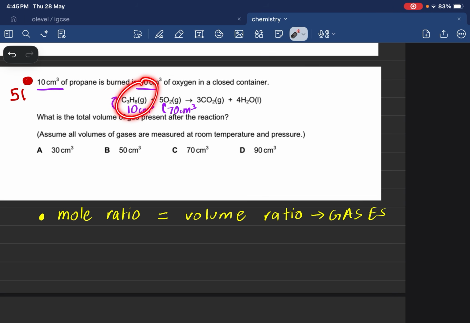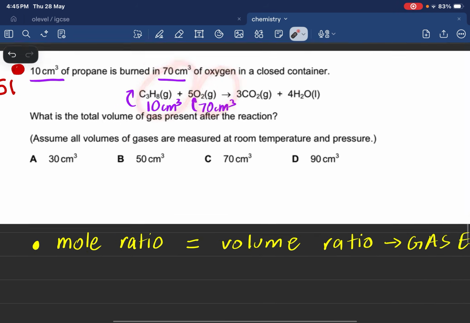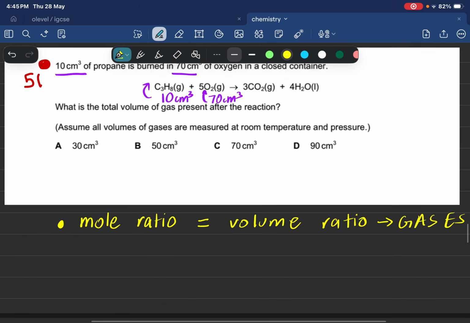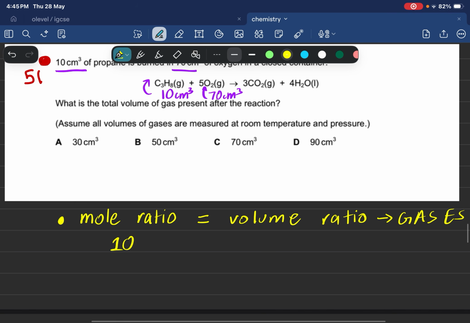Propane is a gas. Oxygen is a gas. That means if we have 1 cm cube of propane, since the mole ratio is 1:5, we're going to use 5 cm cube of oxygen. And if we have 10 cm cube of propane, since the mole ratio equals the volume ratio, we are going to use 50 cm cube of oxygen.